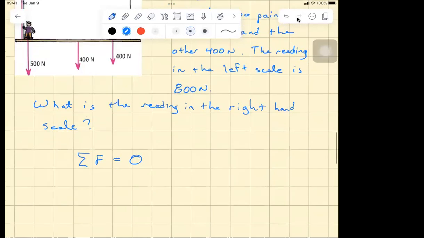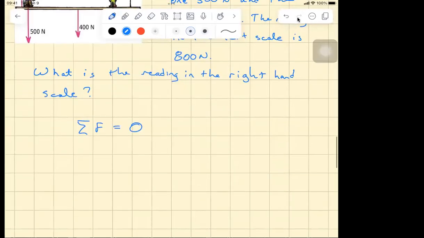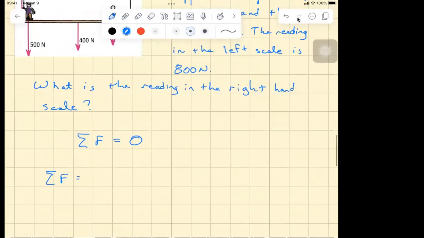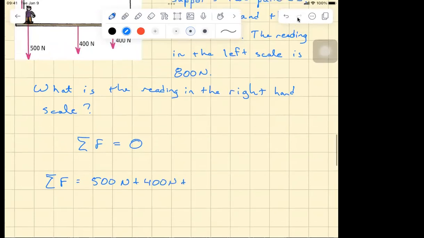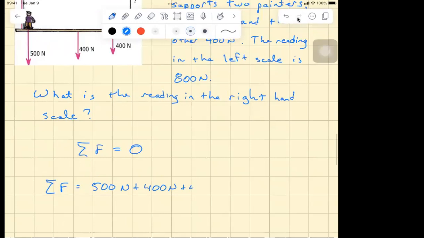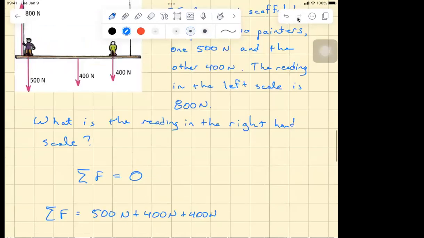Let's get the sum of the forces. Let's do the downward forces. We have 500 newtons plus 400 newtons for the plank plus 400 newtons for the other worker. And I guess let me change that.